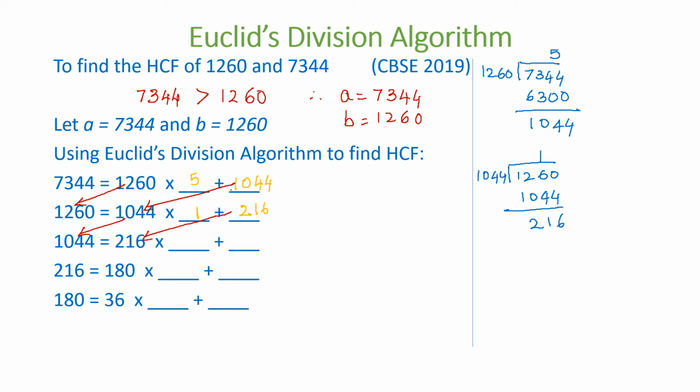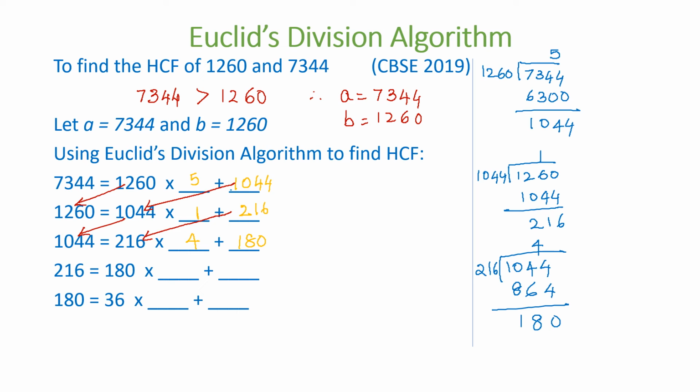Now I am going to divide 1044 by 216 and it goes 4 times, and 864, and therefore this will give me the remainder as 180. So here my fill in the blanks will be 216 into 4 plus 180.